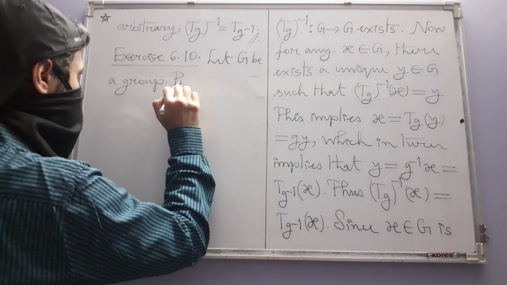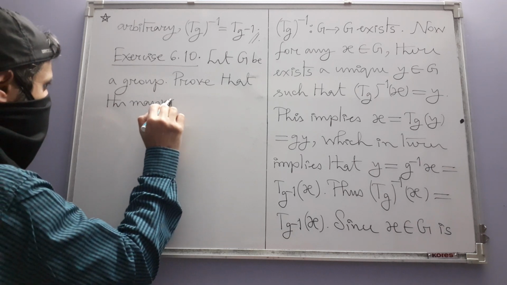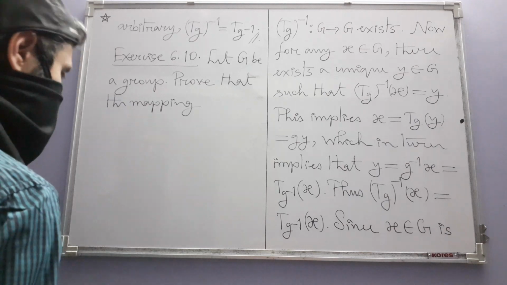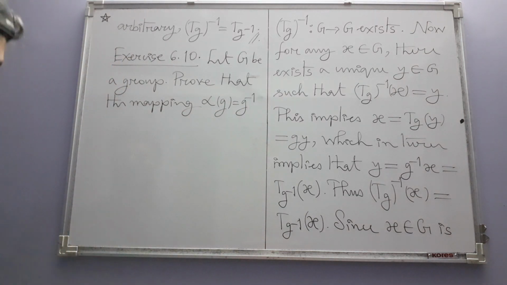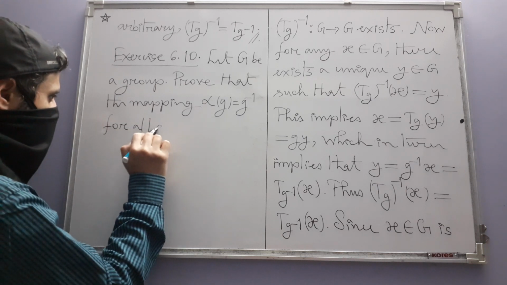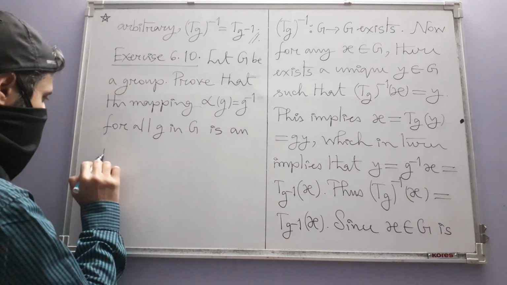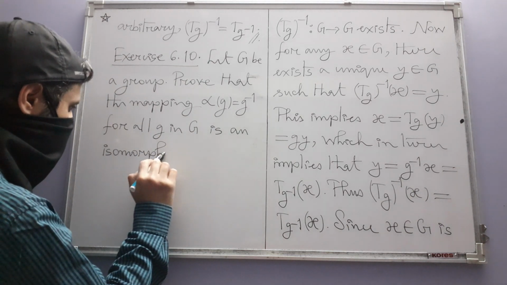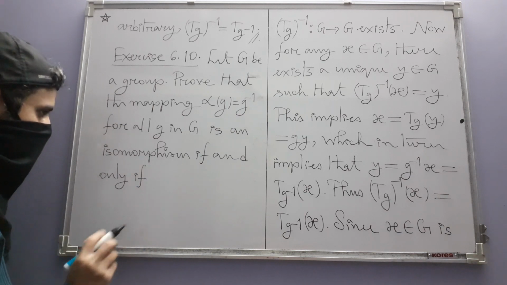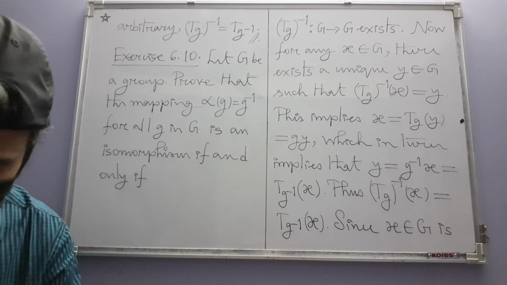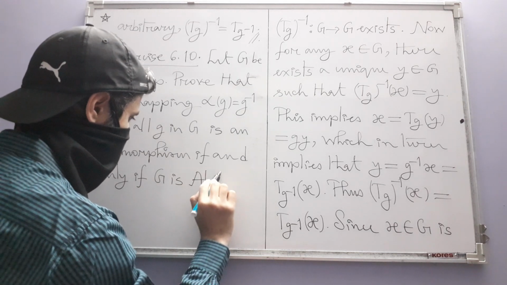Prove that the mapping alpha of g equal to g inverse for all g in G is an isomorphism if and only if, so this is a necessary and sufficient condition, if and only if G is abelian.